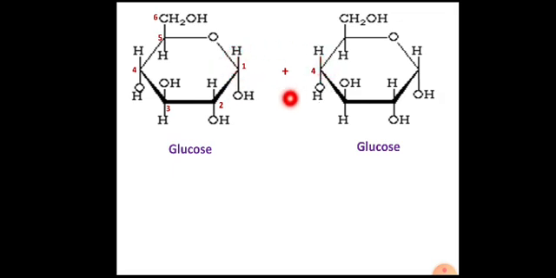So you can understand why the name of this bond is alpha 1,4: alpha conformation, carbon number 1 and carbon number 4. Among these, this hydroxyl group is involved in the formation of the glycosidic bond with this hydroxyl group. So this hydroxyl group from this glucose and this hydroxyl group from the first glucose are responsible for the formation of a linkage called the glycosidic bond.